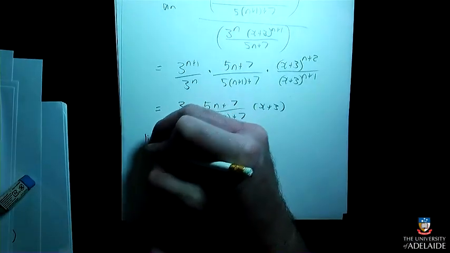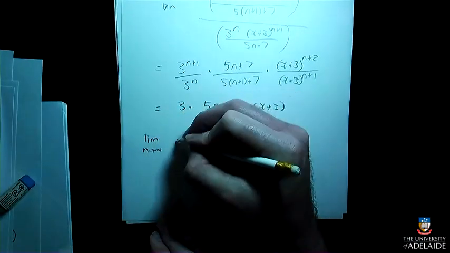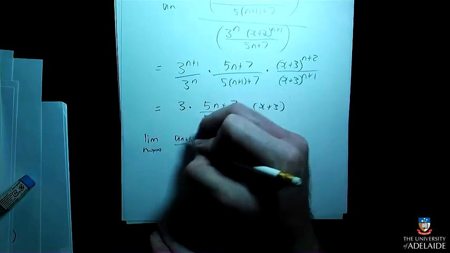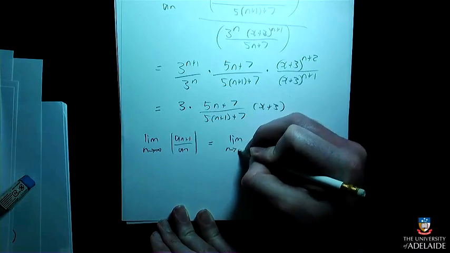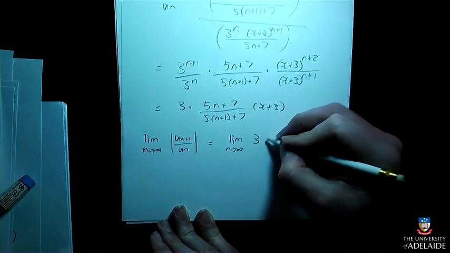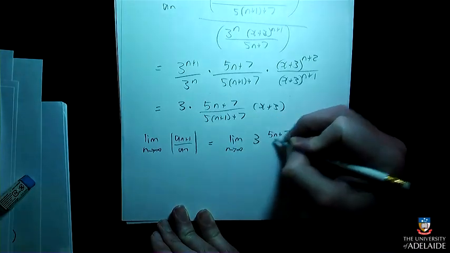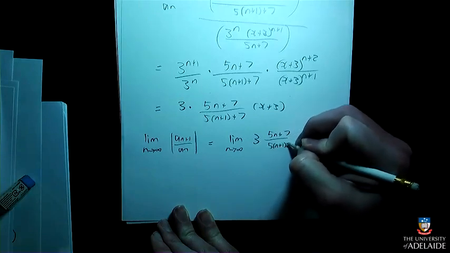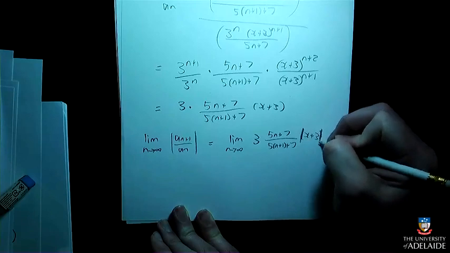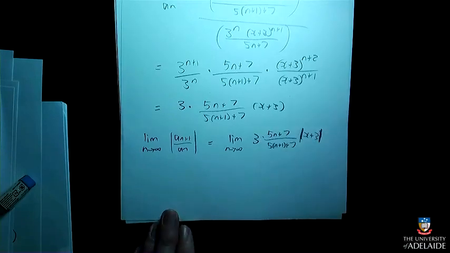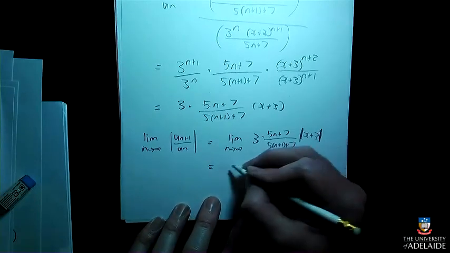So the limit as n goes to infinity of the absolute value of a_(n+1) over a_n, like that. The limit of this will be 3.